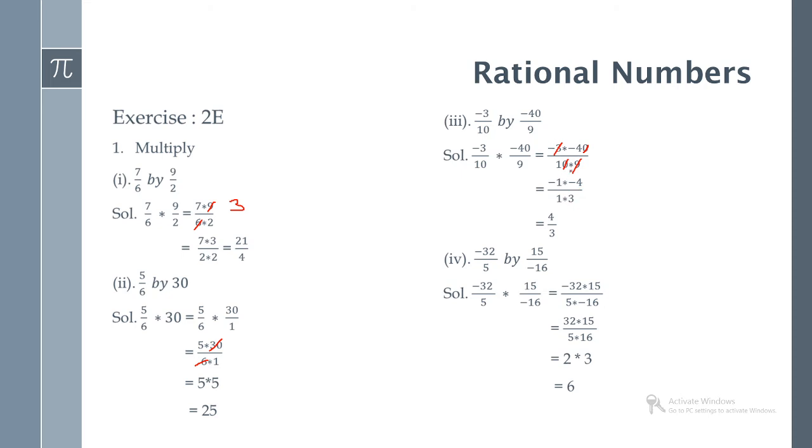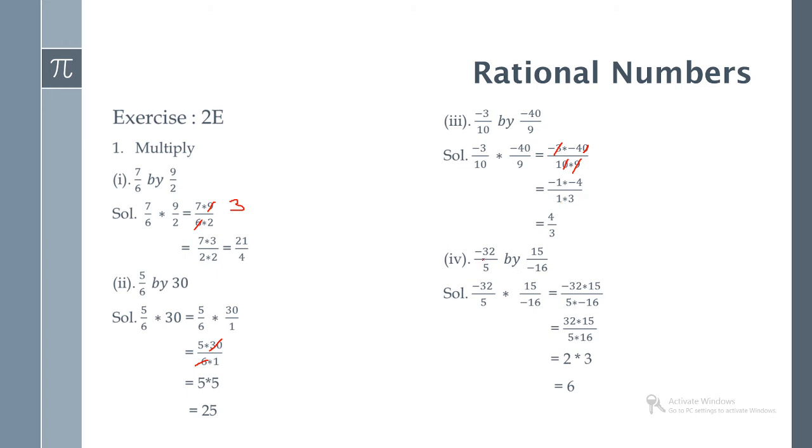So here, first, minus 1 means 3 ones are 3 and 3 threes are 9. Next, 10 ones are 10 and 10 fours are 40. Right. So here minus 1 into minus 4, minus into minus is plus, it's 4. So 1 into 3 is 3.